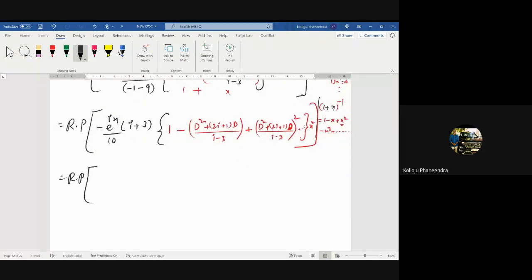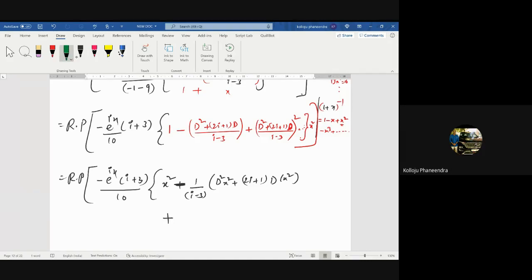Real part of minus e to the power of ix, i plus 3 by 10, take x square inside, plus 1 by i minus 3. What is D square of x square? 2i plus 1 into D of x square. This is over. Okay, this is minus, no, sorry. This is minus. And next plus. And remember, all of you, in this one, which term is required?